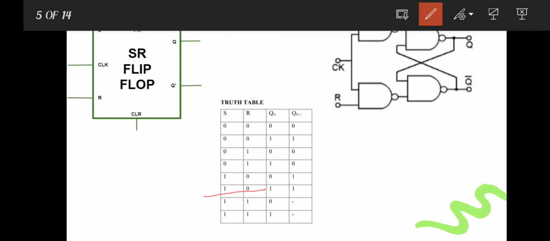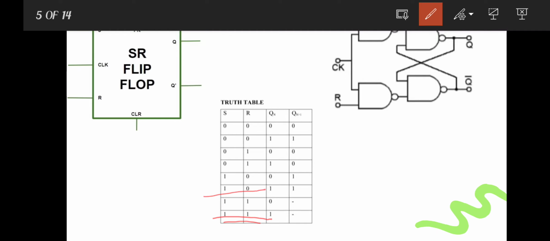The last input condition is when both inputs S and R are equal to 1. For this input combination, the output of the flip-flop will become indeterminate. If the flip-flop is designed using NOR gates, then when both inputs are 1, at a clock transition R bar and S bar will become 1.